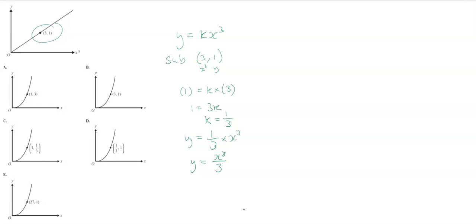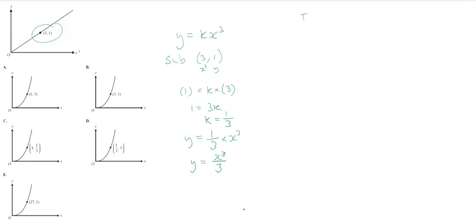Now what we're asked is which one of these nonlinear representations would satisfy this equation. That means if we substituted in any of these points, which ones would actually work and be true for this equation, and therefore the sketch would be a possible sketch of the relationship.